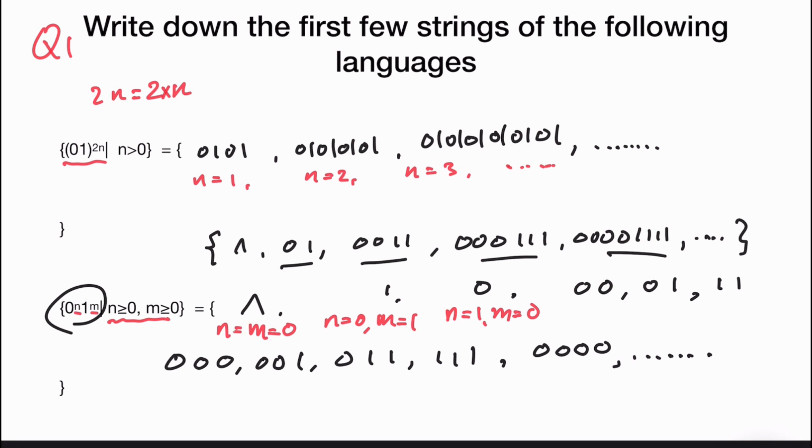But the problem is, this answer indicates that you must have the same number of 1s and 0s. But by definition, we didn't say m and n must be equal. This is not a perfect answer, because you imply that n must equal m, which is not the case. Therefore, we need to be careful. We should cover various cases to make it perfect.